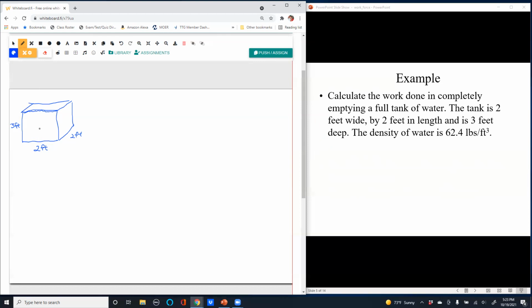But as we lift the water up, the water spills off over the top and reduces the amount of volume we have to move out. That's what makes this a definite integral type work problem, because the force is varying.